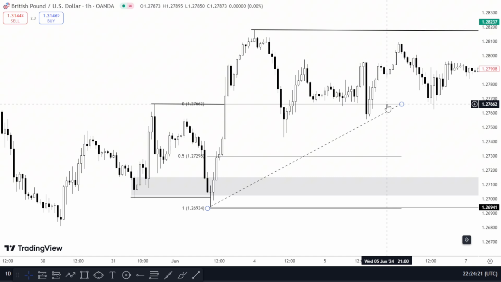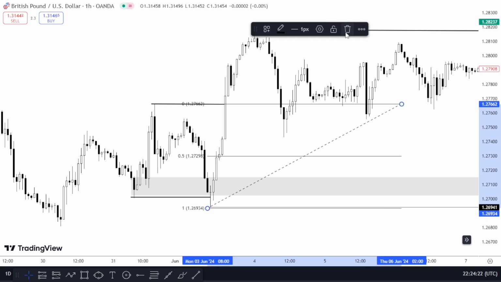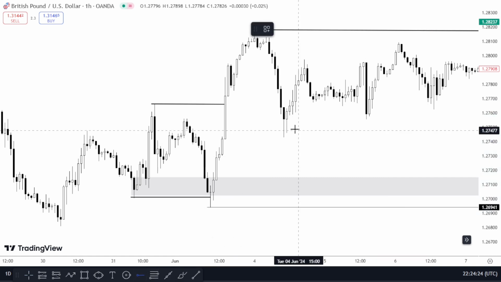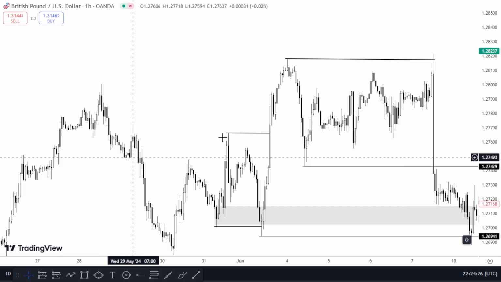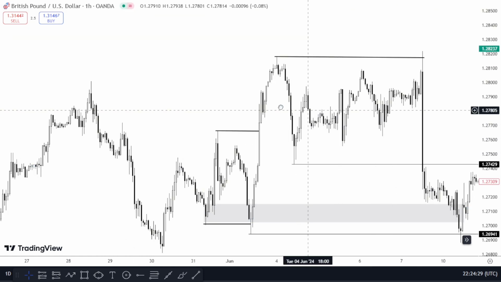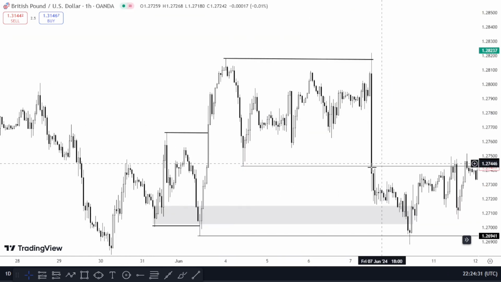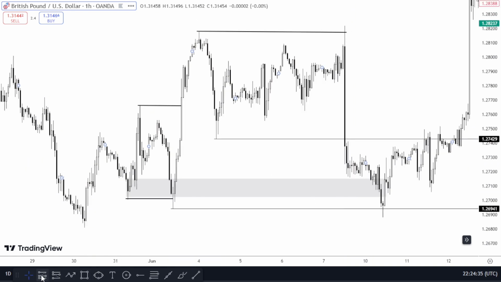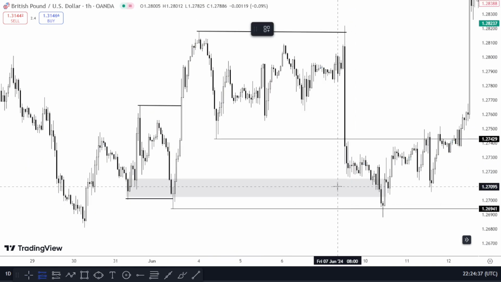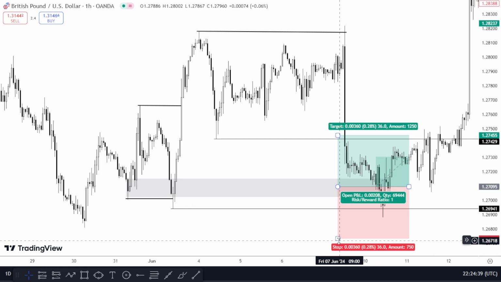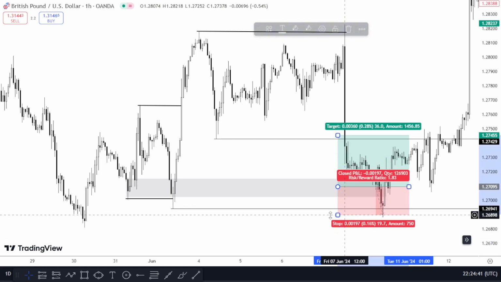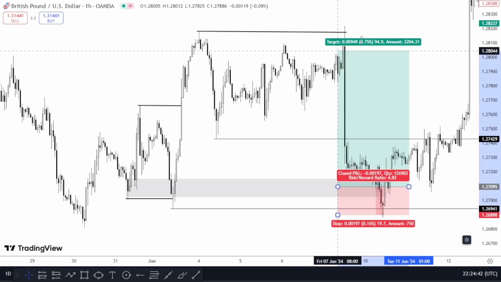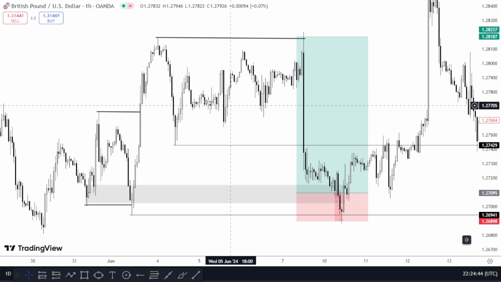So now we just go ahead and delete our fib. This is our structural liquidity. Always remember that. This trade is valid because of the structural liquidity. The market took this liquidity below that area. So let's imagine you decided to put your pending order without the confirmation entry, and your stop loss just below. What will happen? You'll be stopped out.